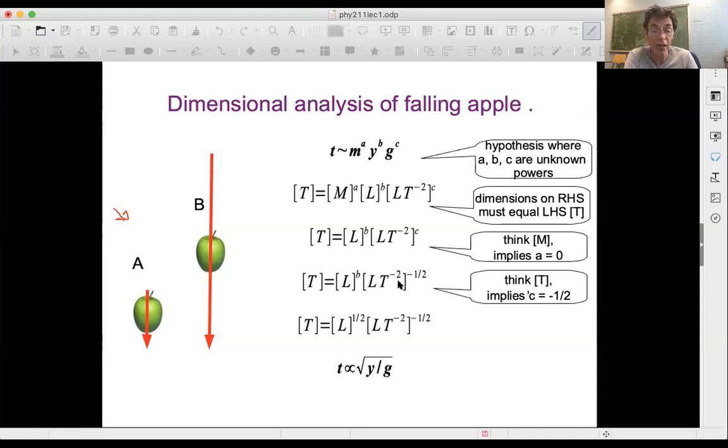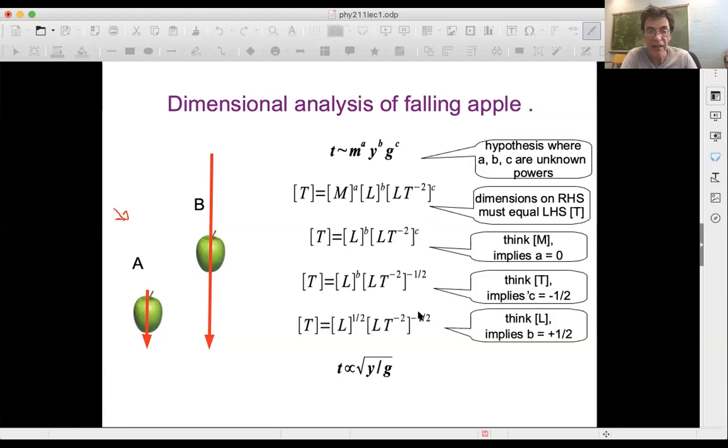So to make that 1 over time squared into a dimension of time, I've got to, A, take the square root of it to turn the time squared into time, and then I've got to take 1 over it to turn the 1 over time into time. And so that told me that this power C must be -1/2. T to the power -2 to the power -1/2. Multiply these two powers, you get 1. That's how you get the dimensions of time over here. And so that told me that this power C is going to be this -1/2.